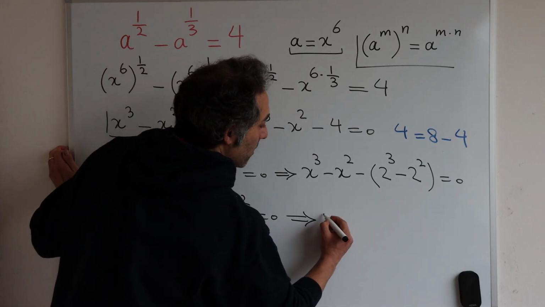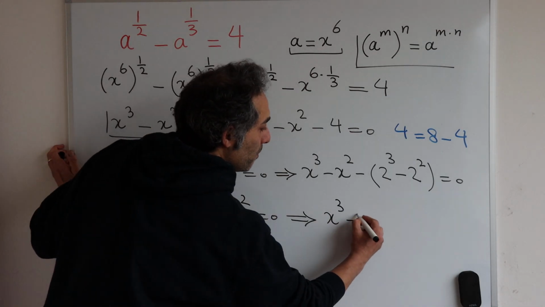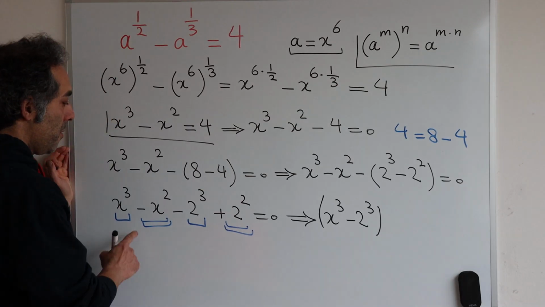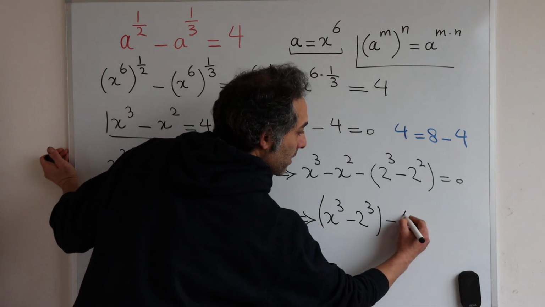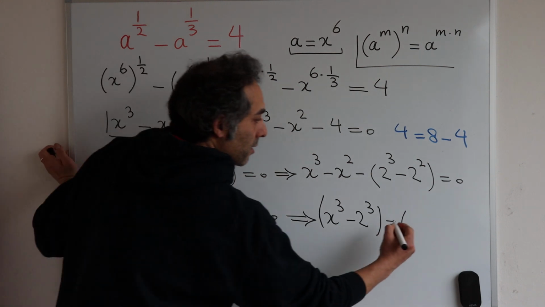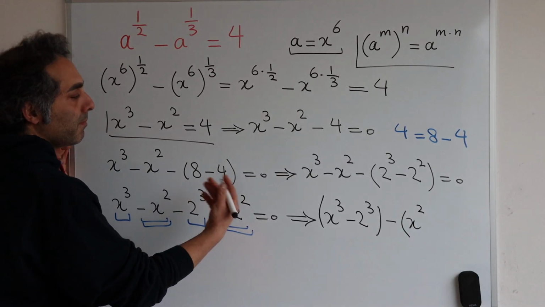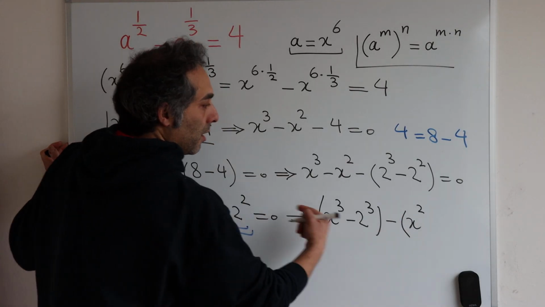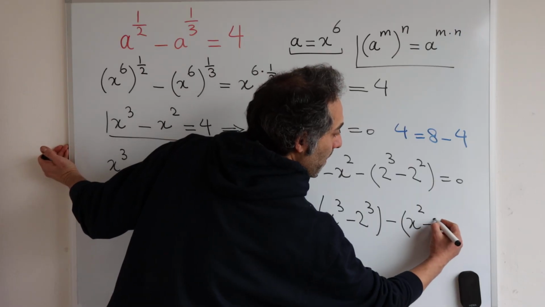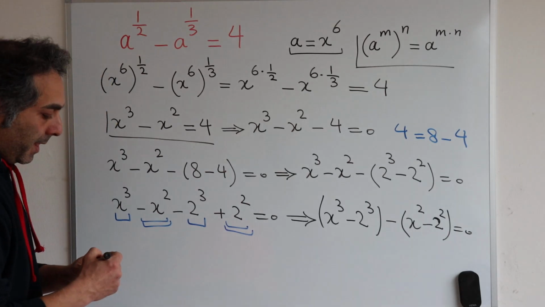So for the first one, x cubed minus 2 cubed, I put in parentheses, minus, for this x squared, minus I take it outside the parentheses, x squared, and for this again minus because I have a minus outside of the parentheses, 2 squared, now equals 0.